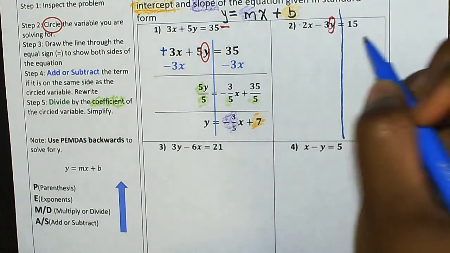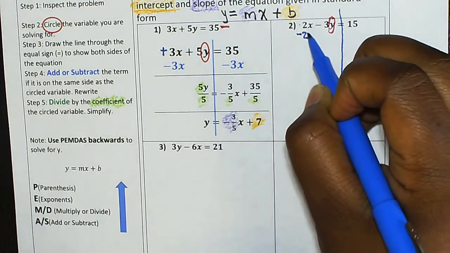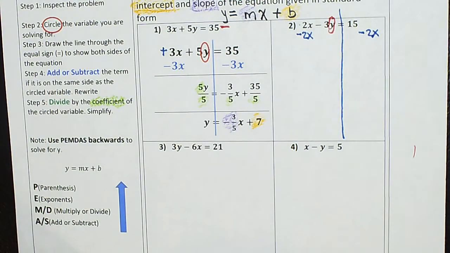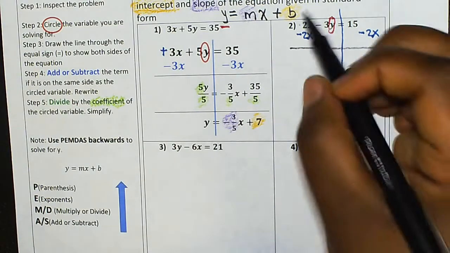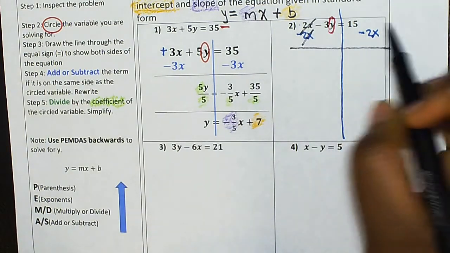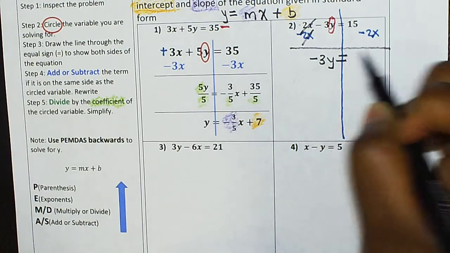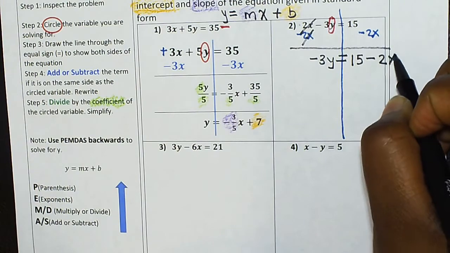So I see that 2x is positive, so I'm going to subtract 2x on both sides. Then I'm going to rewrite my problem. So I know that's going to cancel out. I now have negative 3y is equal to 15 minus 2x.